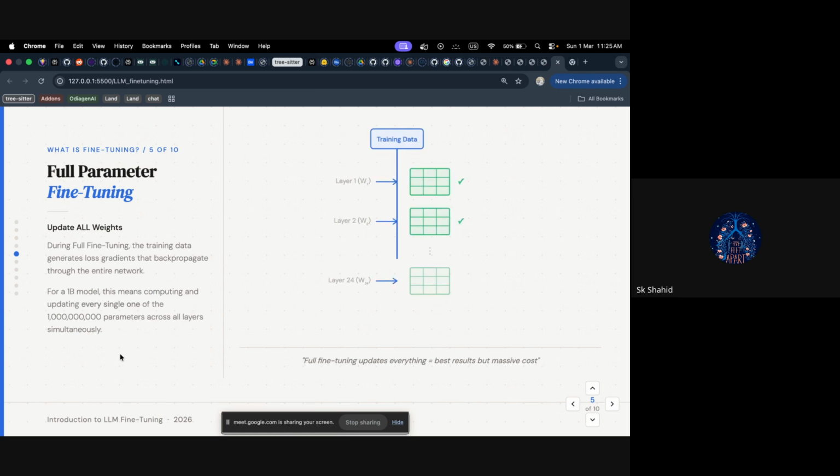This procedure will continue up to the number of epochs or steps that you have defined. So let's say the user says I should update the weights on my training data for 60 epochs, so it will run 60 times. Updating 1 billion parameters across the layers simultaneously needs massive compute cost.